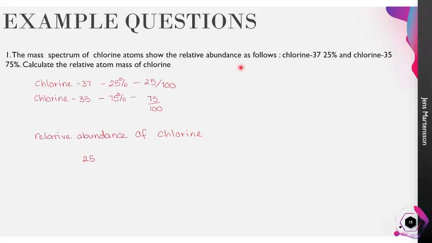So for chlorine 37, it will be 25 on 100 multiplied by 37, and this will be 75 on 100 multiplied by 35, and we add these values together to get a total of, let me just calculate it, 35.5. And that would be our relative abundance of chlorine.